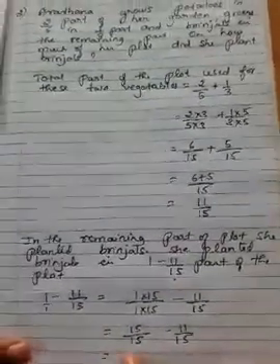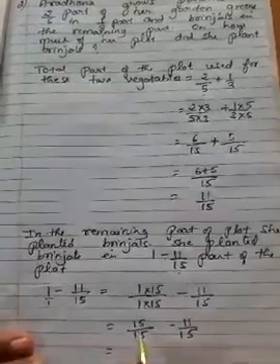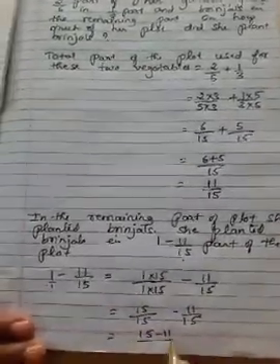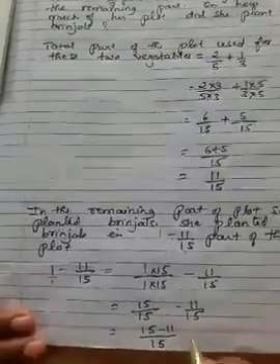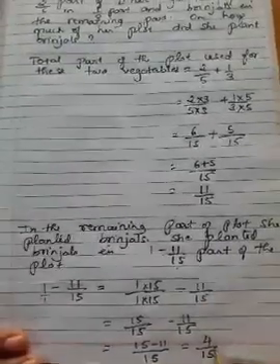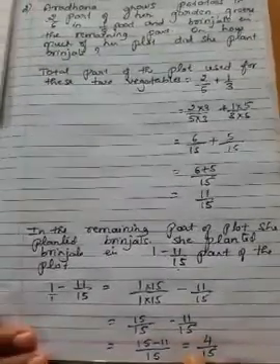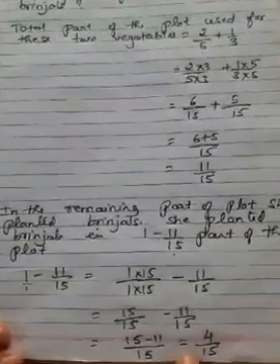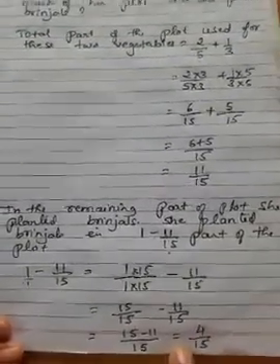Now the denominators are equal, correct? So subtract the numerators. 15 minus 11 upon 15. So 15 minus 11, how much? 4. 4 upon 15. So what is this 4 upon 15? She planted brinjals in 4 upon 15 part of the plot. Okay, understood? So now we have to write down the last sentence.